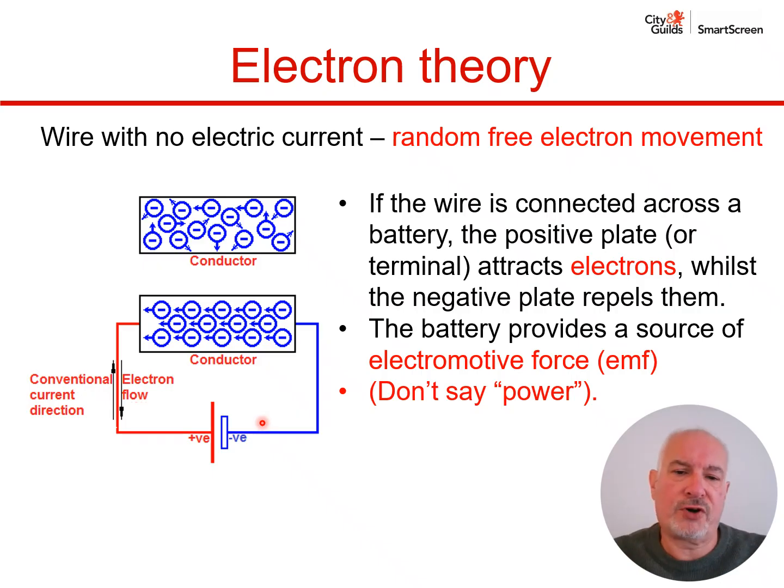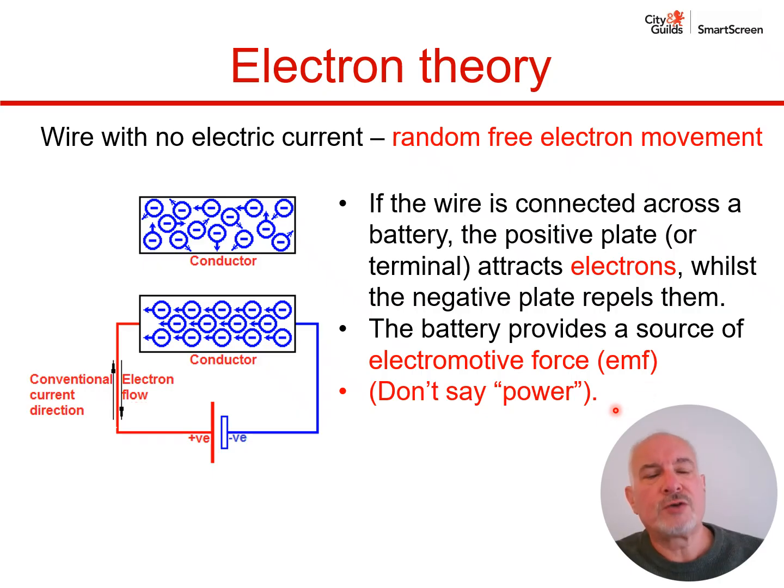So the battery provides what we call a source of electromotive force, or EMF for short. And if we just consider the words there, electromotive force, it's telling us what's going on, because electro relates to the electrons, motive relates to the idea of motion and movement, and force because it's providing a force that's causing this to happen, causing the electrons to move.